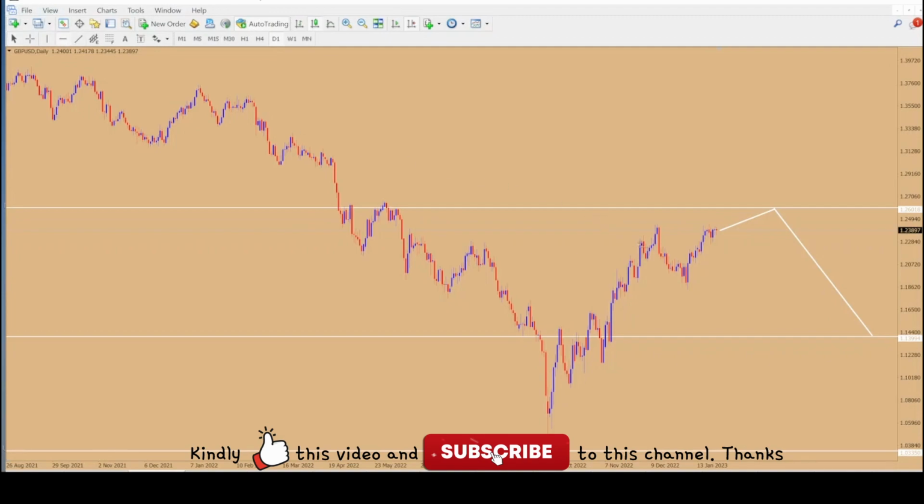There are other significant areas in the market like this and this as well, but I believe it should come into that area. Just to be safe, you might also want to put your targets at the 1.18 area right there.